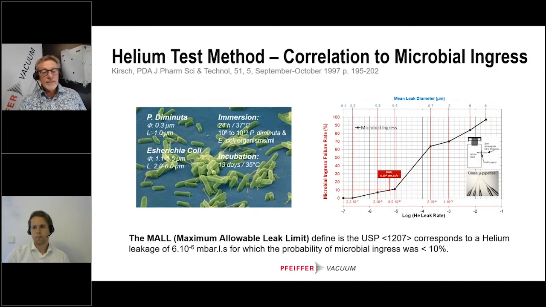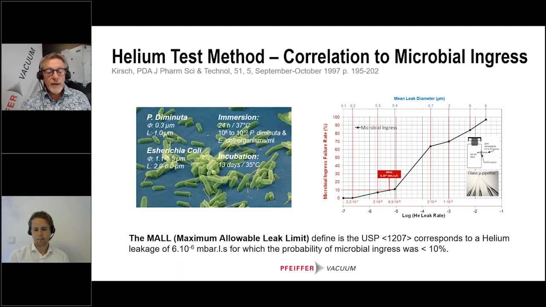Again, this study is really at the origin of the MOLE concept, the maximum allowable leakage limit defined in USP 1207. That corresponds to a helium leakage of 6 × 10⁻⁶ millibar liter per second, for which the probability of microbial ingress was below 10%. You can see on this graph the microbial ingress failure rate versus the helium leak rate, or at the top, the mean diameter of the micropipette.